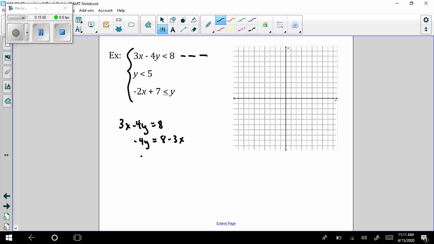Divide by -4, I get y equals -2 plus 3/4 x. So -2 here, and then up 3 over 1, 2, 3, 4. So this one is dashed.